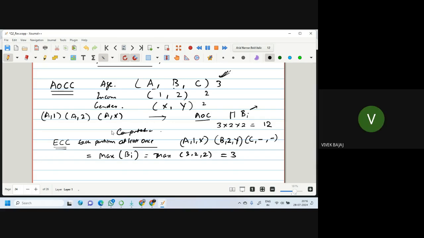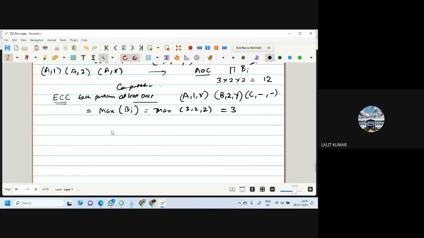Right, clear. Now the third is pairwise coverage. What do we do in pairwise coverage? You make the pairs. So we have A, B, C, 1, 2, X, Y. Now how many pairs can there be?